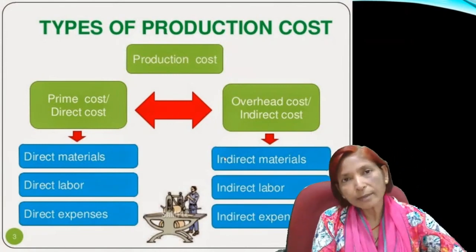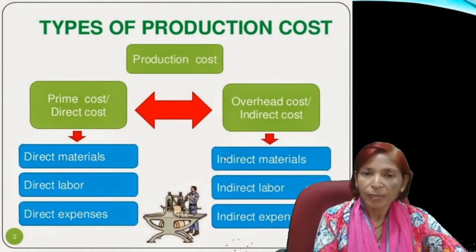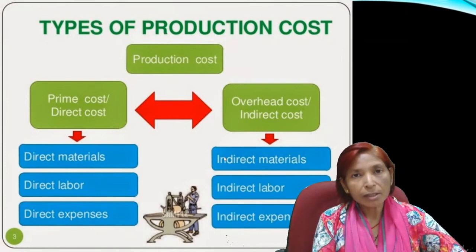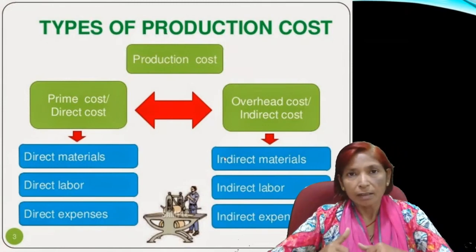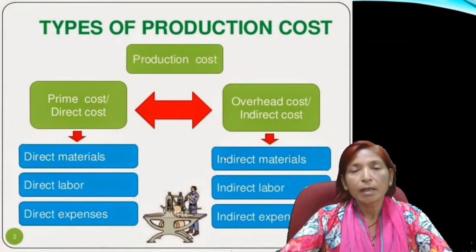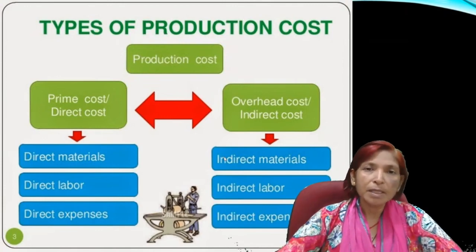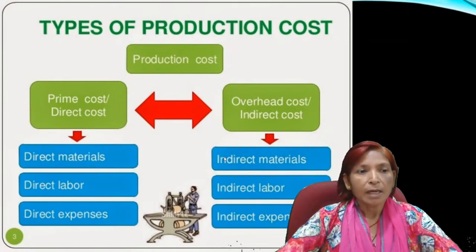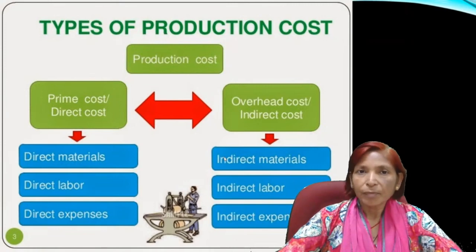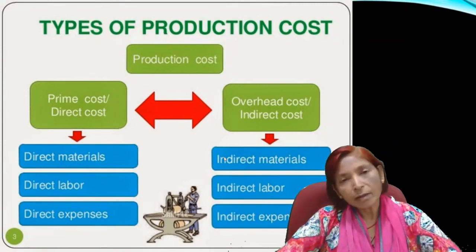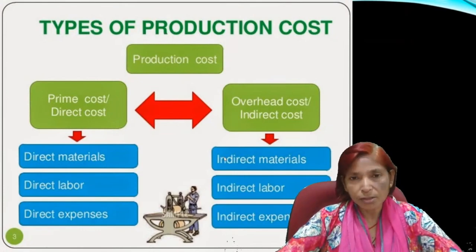And the other is overhead cost, which is known as indirect cost. In other words, indirect cost is the cost which is not directly seen, but it exists in the production of goods and services. Indirect cost's other name is implicit cost. Direct cost is explicit, which can be seen directly or explicitly, and indirect cost is implicit cost.